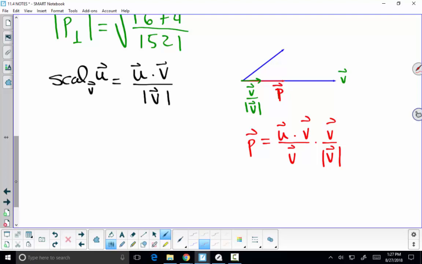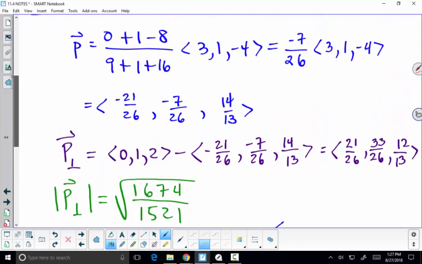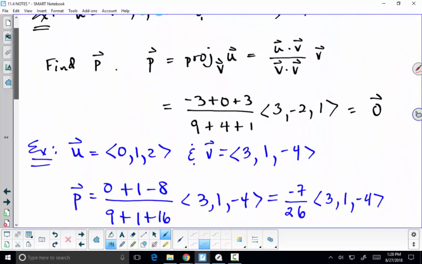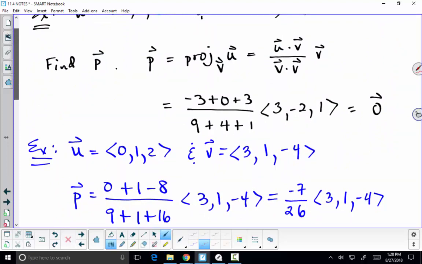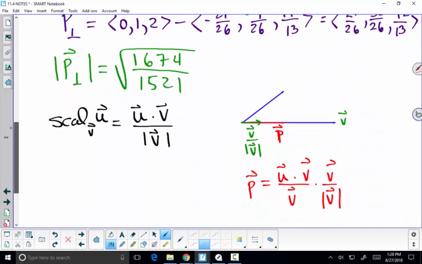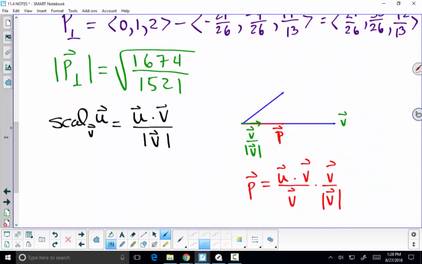So there's two important things for you. That formula right there, and down here, if there was ever a question about just the magnitude of that vector and you weren't looking for the component form of p, this could be negative.